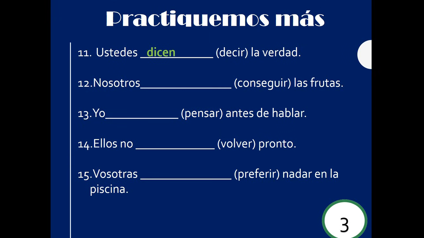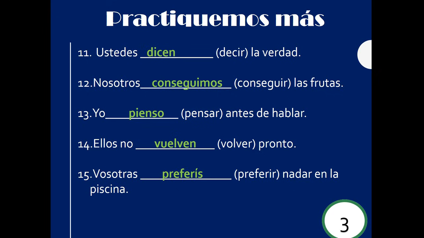Ustedes dicen la verdad. Nosotros conseguimos las frutas. Remember, nosotros no. Yo pienso antes de hablar. Ellos no vuelven pronto.